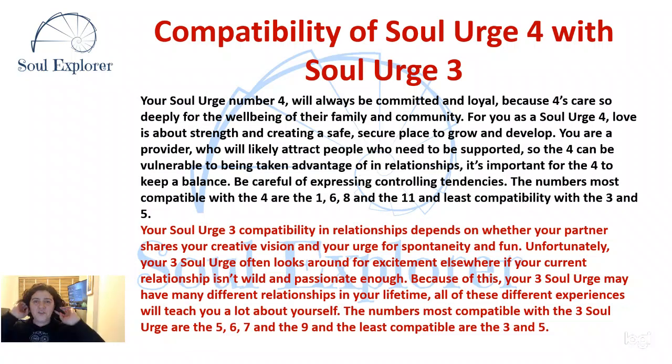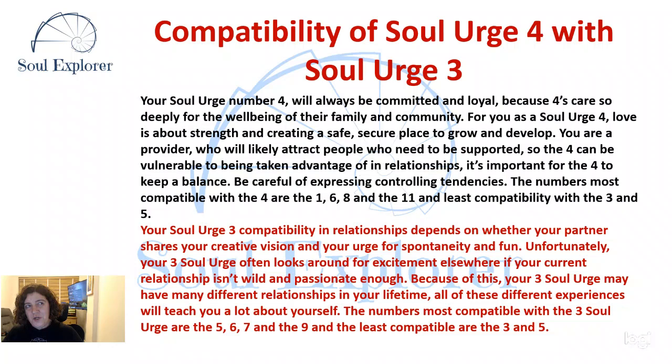The soul urge 4 is going to be more into building and creating a process, creating a plan, whereas the soul urge 3 is a lot more scattered and creative and emotional and expressive, the entertainer and the creator and the artist and the speaker, whereas the 4 is the planner, the organizer, that let's-get-this-done kind of person, a lot more serious by nature.